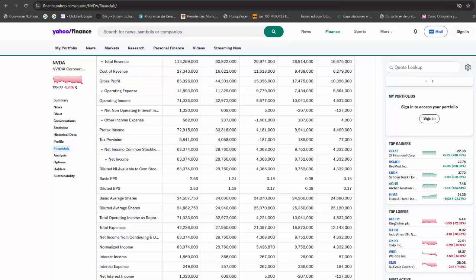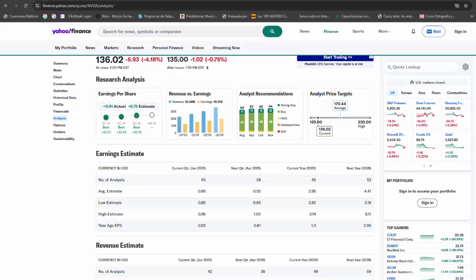Now let's take a look at the analysis tab over here. Okay, so in the analysis tab, what you will find is an overview of expert predictions and expectations about the future performance of a company.